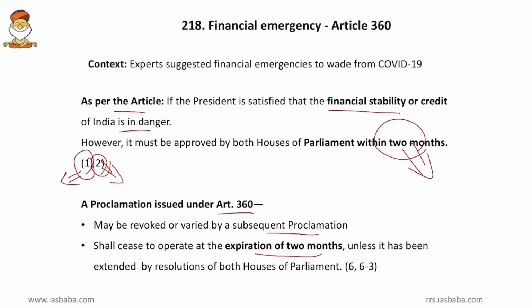And once again, this is different from a national emergency and presidential rule. For a national emergency, it is 6 months, that is, Parliament can approve the extension of a national emergency by 6 months. And in presidential rule, again Parliament can extend by 6 months, and not more than 3 years.